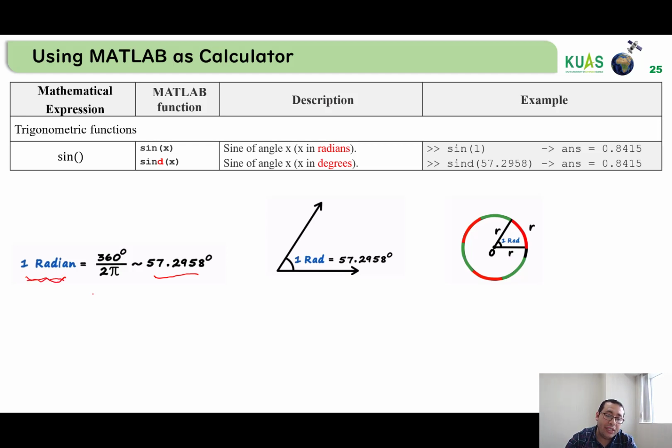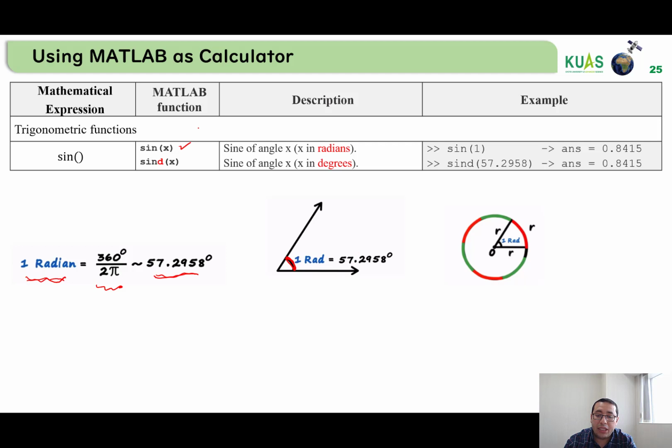And 1 radian is equal to 360 divided by 2 pi, which is equal to 57.3 degrees. So we can define the angle in radian and degree.